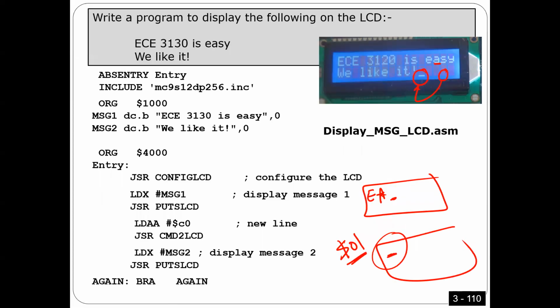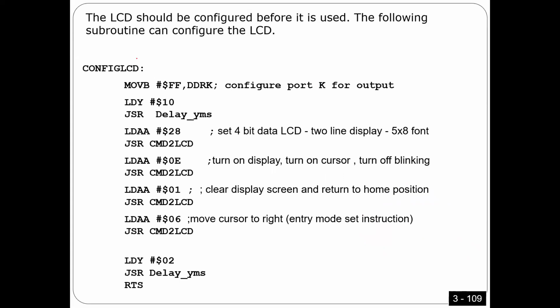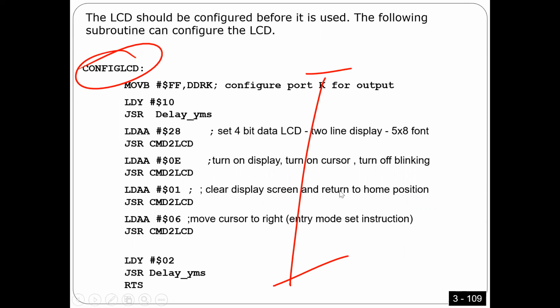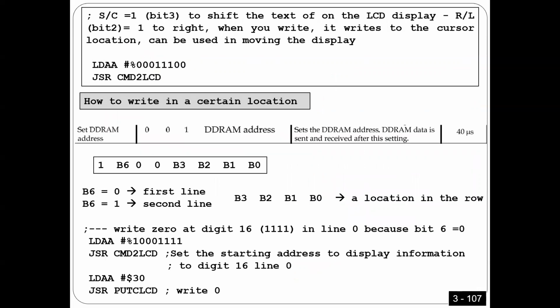As you see here, the way I made the configuration, I made turn display on, turn the cursor on, turn blinking off. I made it in the initialization. So you have to call it only one time at the beginning of your program. This is initialization. I'm gonna explain everything for this one.